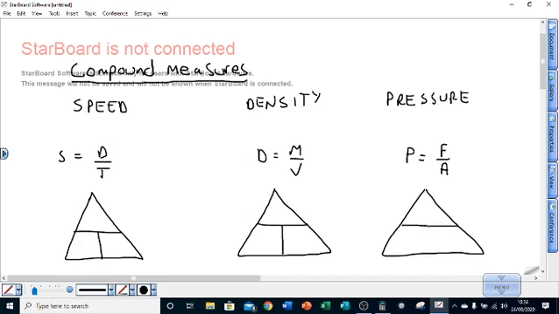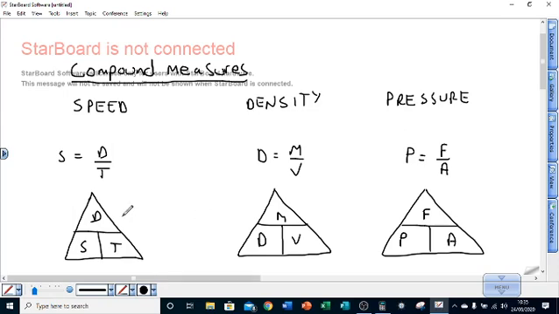Speed always goes here, density always goes here, and pressure always goes here, and that over that: distance over time, mass over volume, and force over area.